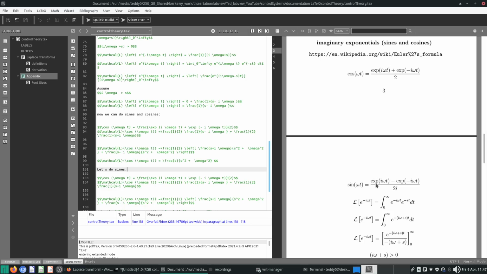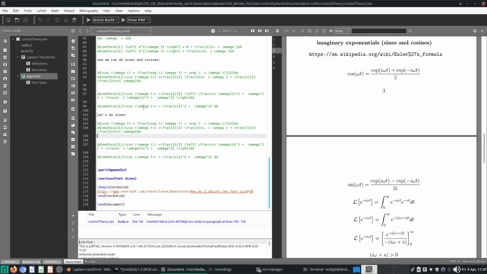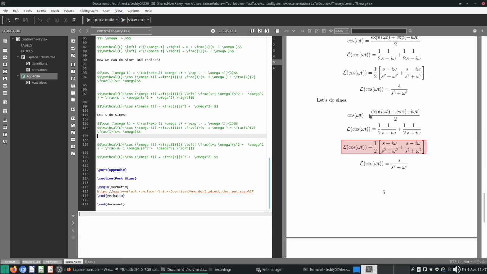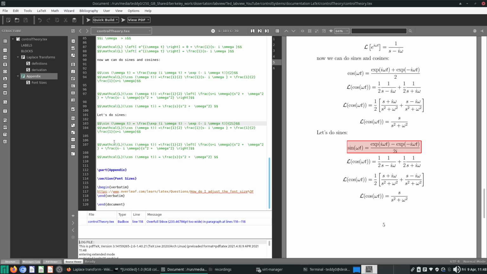Sine omega t is exponential i omega t minus exponential minus i omega t, divided by 2i. So we'll need to do it slightly differently. Don't let the 2i scare you. We'll just factorize that out and worry about it later.